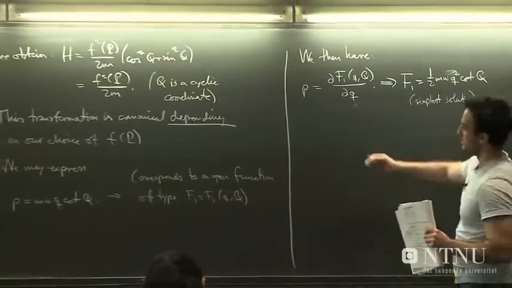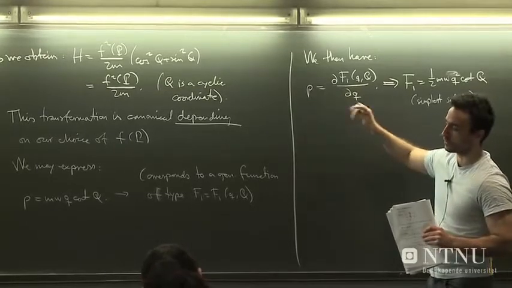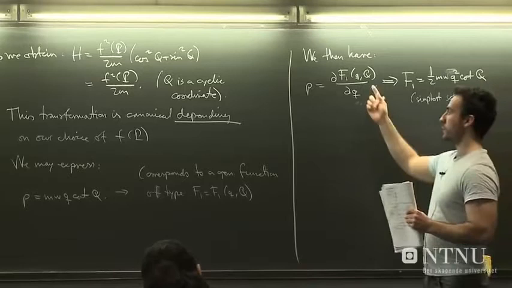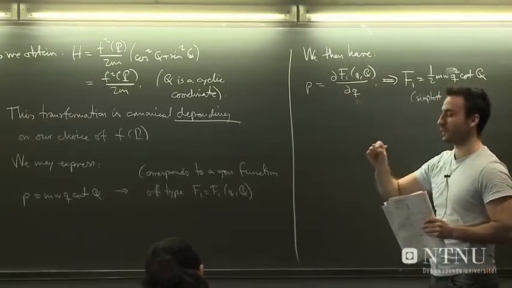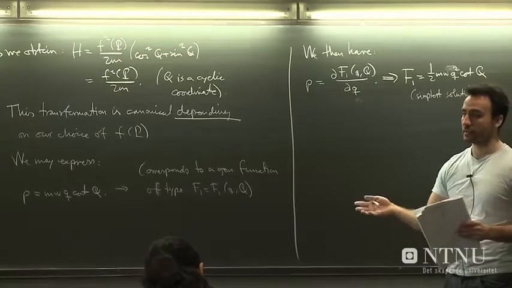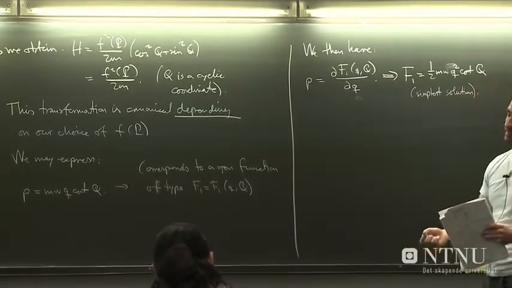All right, so this is one part of the transformation, but we know that for each generating function we had three parts. We had two equations of this type, generating the old and the new set of variables, and we also had a third equation relating the Hamiltonians to any possible explicit time dependence.